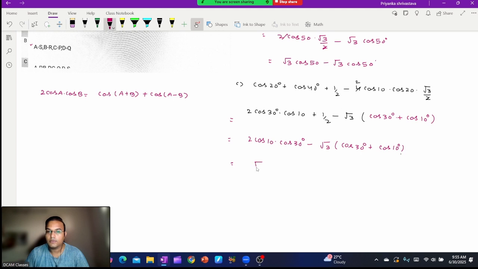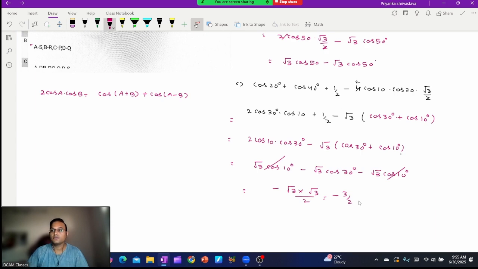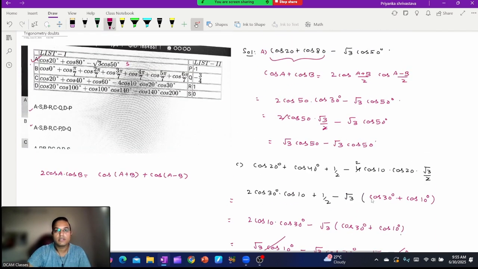So it will become root 3 cos 10 minus root 3 cos 30 minus root 3 cos 10. So these are cancelled. It will be minus root 3 cos 30. Cos 30 is root 3 by 2 again, so it will be minus 3 by 2. Minus 3 by 2 should be our answer.